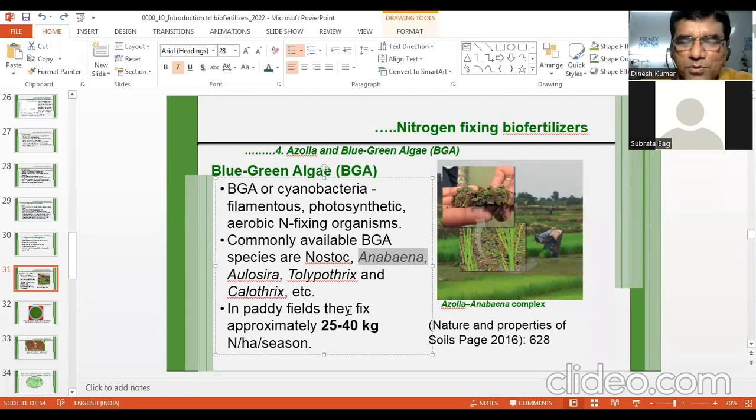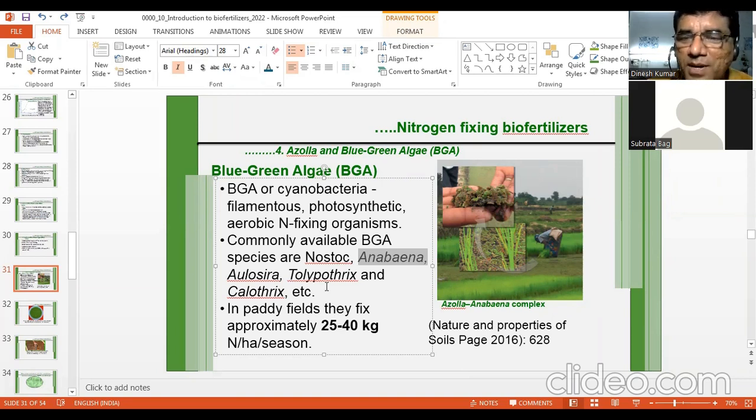And here I want to tell that other species can survive without Azolla, but Anabaena azollae cannot survive without Azolla. You should remember it. So it is by default there in the Azolla. In all kinds of Azolla, this Anabaena azollae is there. And Nostoc, Aulosira, and Tolypothrix can survive independently also. They do not need this symbiotic association.